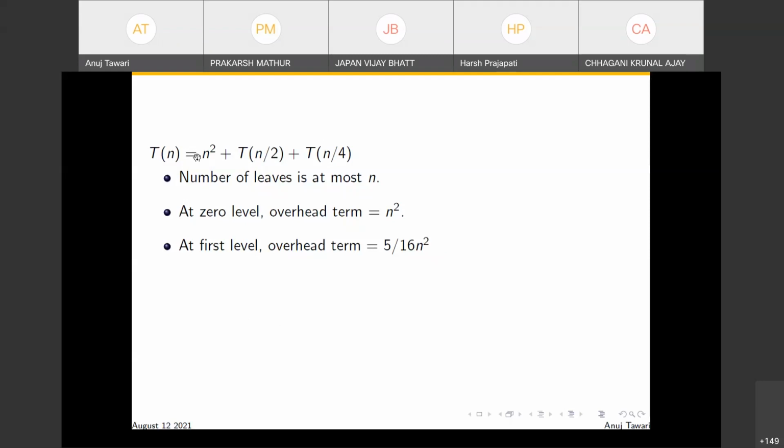So initially you understood, right? At the zeroth level, there is this n squared term. At the first level, what do we get? Expand this Tn by 2, expand this Tn by 4.